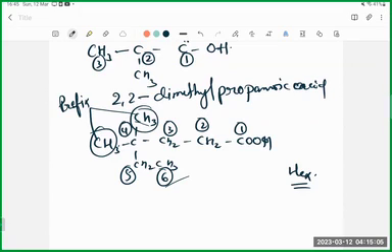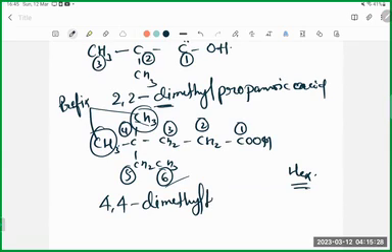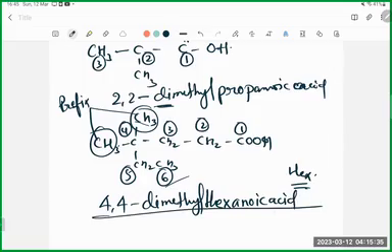Is it 4? 4, 4. 2 times we need to write because di is used. Dimethyl. Hexanoic acid. 6 is hex. Hexanoic acid. Correct.